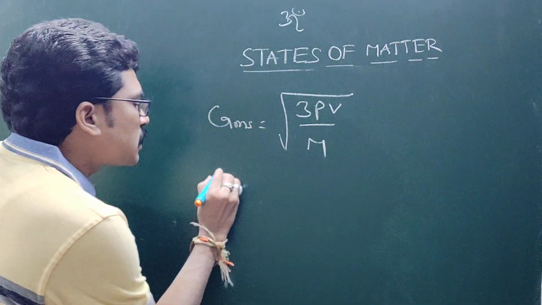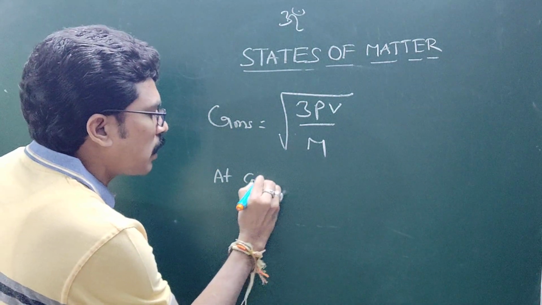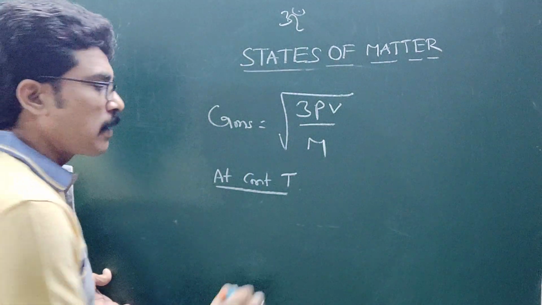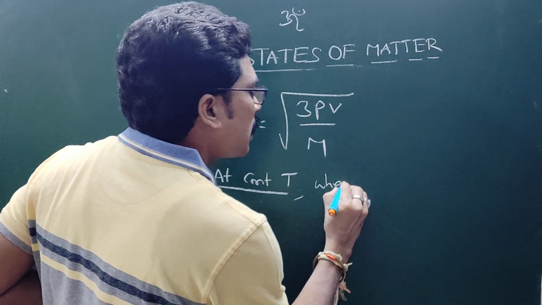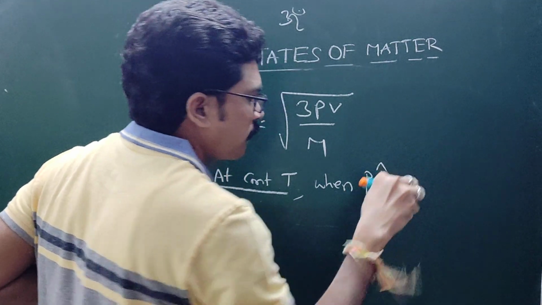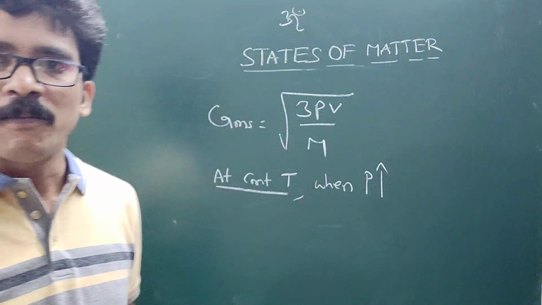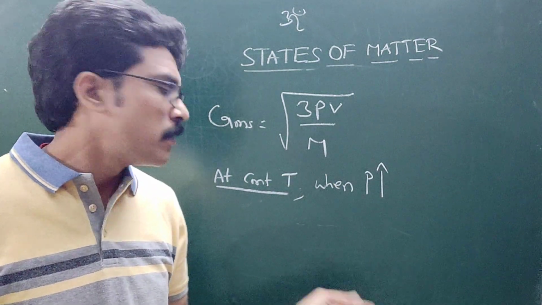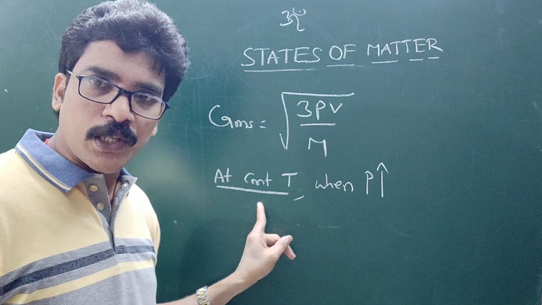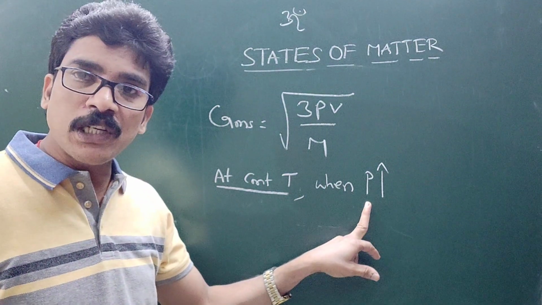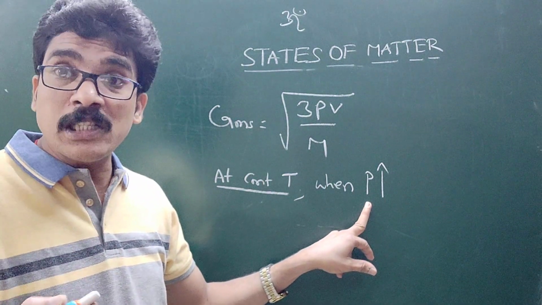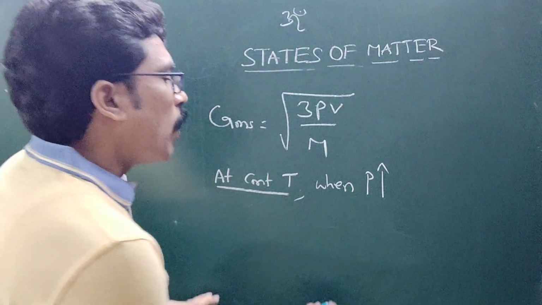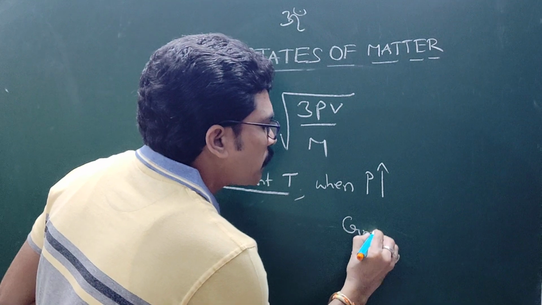At a constant temperature, when pressure is doubled, that is, pressure increased by 2 times, what happens to the RMS velocity?